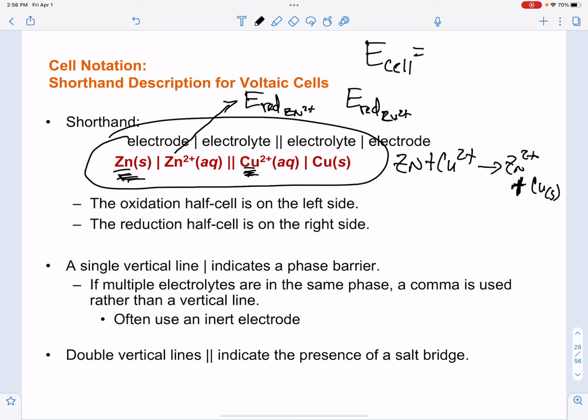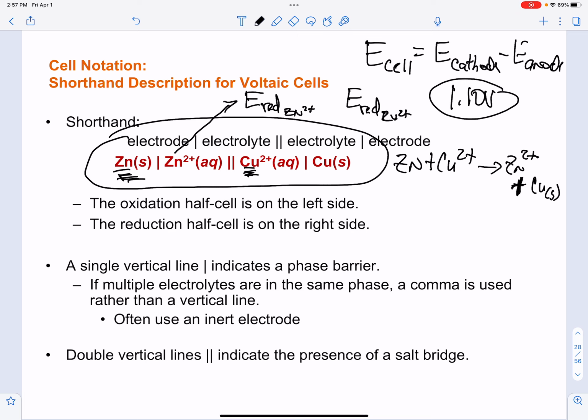It's going to be the reduction potential of whichever is the cathode minus the anode, which is the one we did before, which is going to give us 1.10 volts by using the tables. And by the way, this represents the salt bridge. It's what's separating but bringing together at the same time the cells.